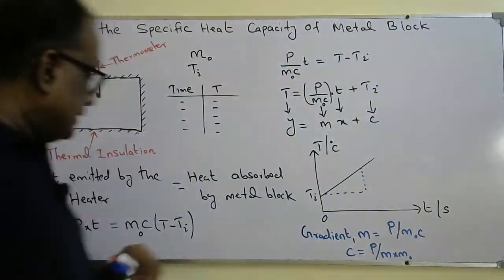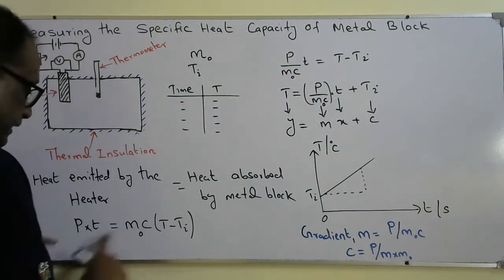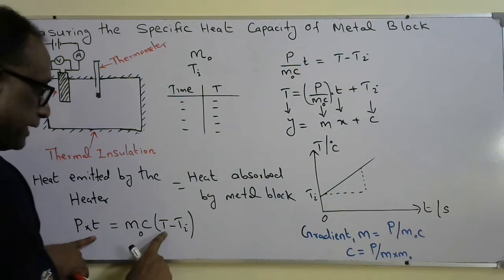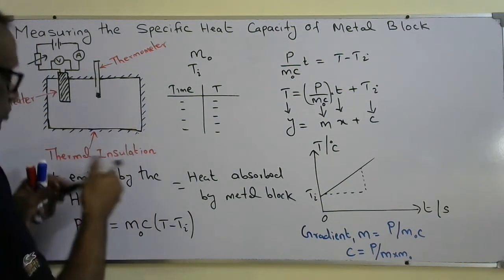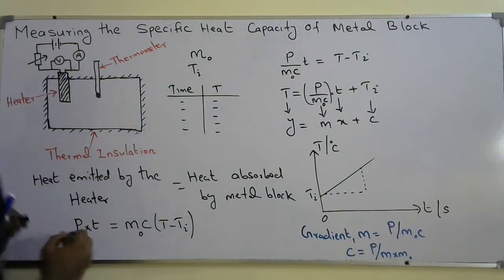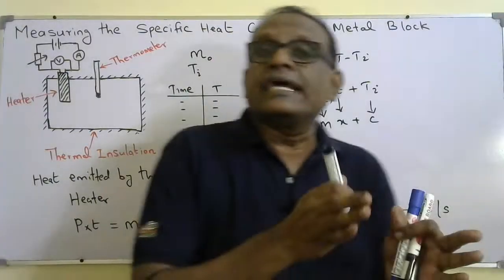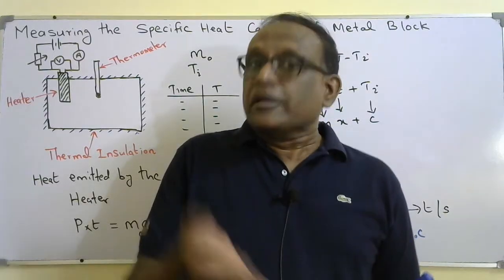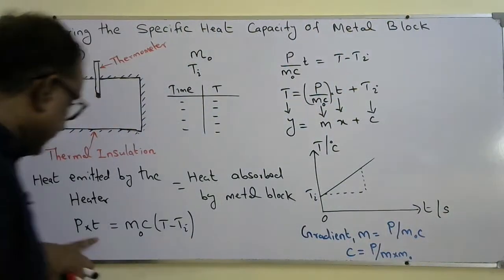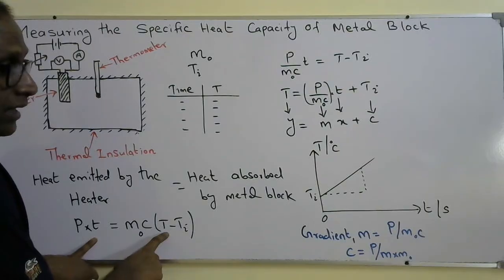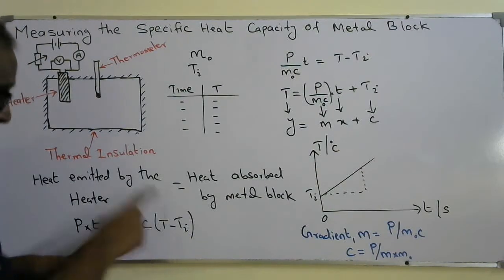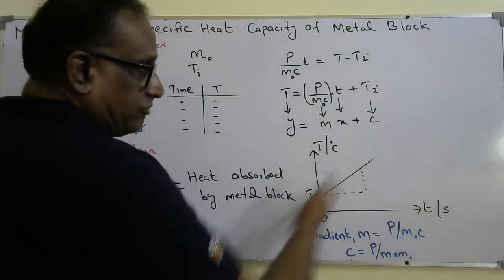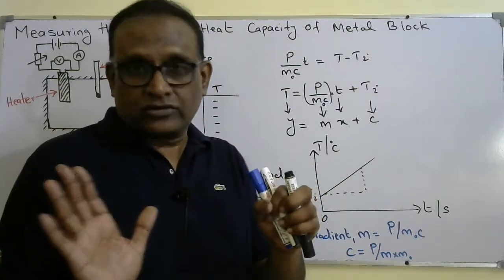So what happens is, the temperature measured by the thermometer at a particular time is going to be lower than the expected value. This is true. Assume this graph is for when there is no heat loss to the surroundings.